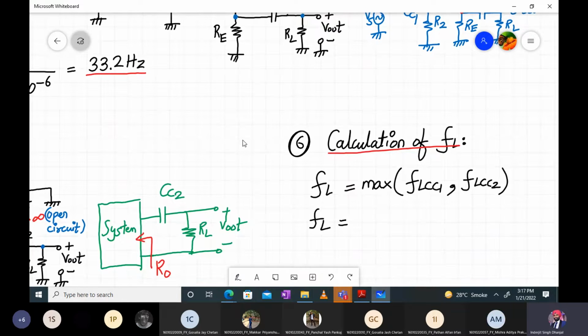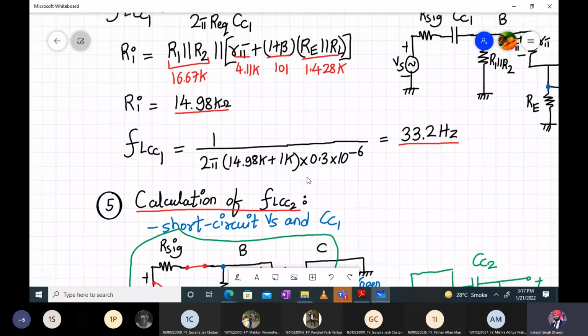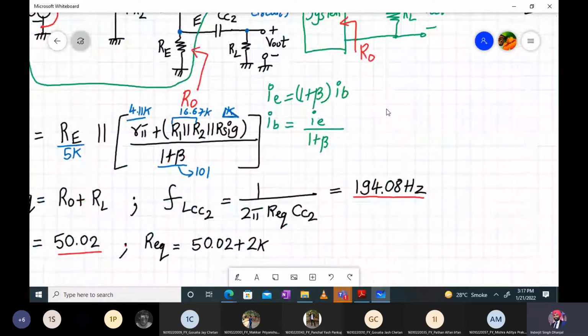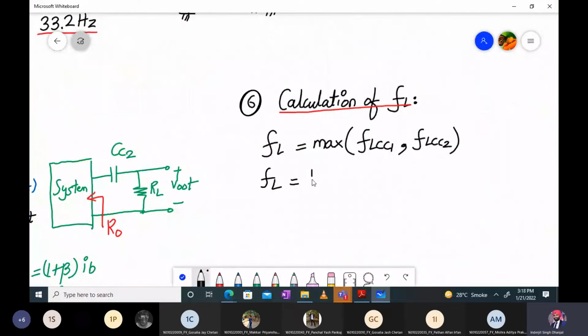How much is FL of CC1? That value is 33.2. And what is FL of CC2? 194.08. So you have to select the 194.08 value, and that will be my lower cutoff frequency.